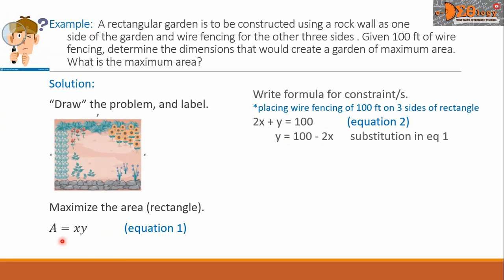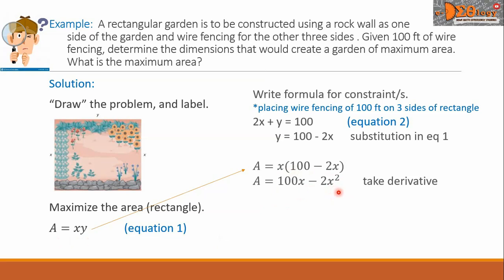So the area formula will be A equals x times y, but the y becomes 100 minus 2x. Simplifying the right side, we have now 100x minus 2x squared. We have now the right side of equation 1 in terms of x only.